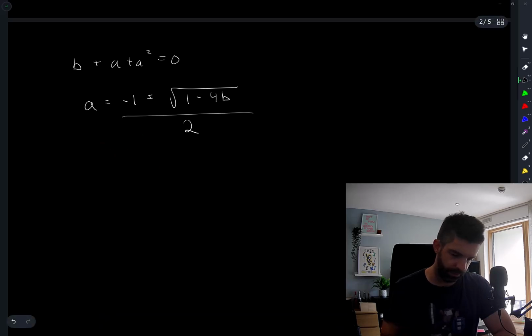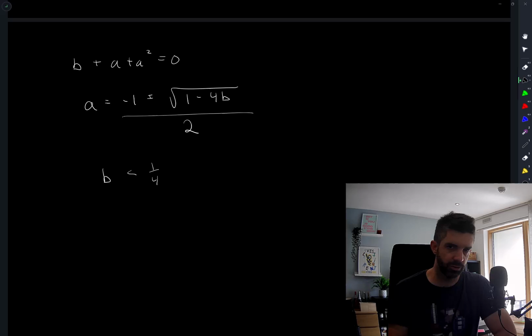Negative 1 plus or minus the square root of 1 squared minus 4 times b, over 2. Okay, so in order for this square root, for the discriminant to be positive, we certainly need b to be less than 1 over 4.